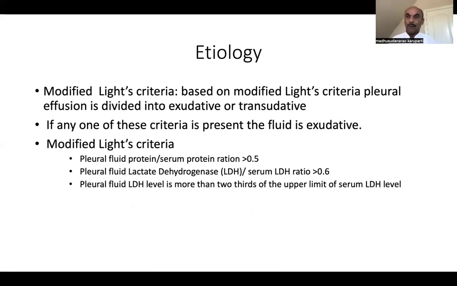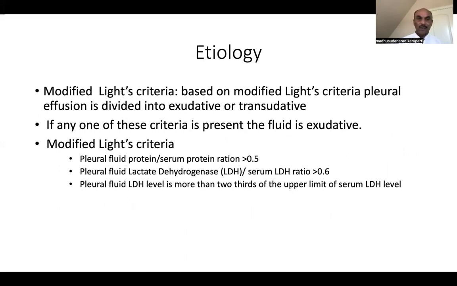Well, coming to the etiology. As I told you, Light has classified the pleural effusion into exudative and transudative pleural effusions. Exudative pleural effusion has to meet one of these following criteria, which are laid down by Light.